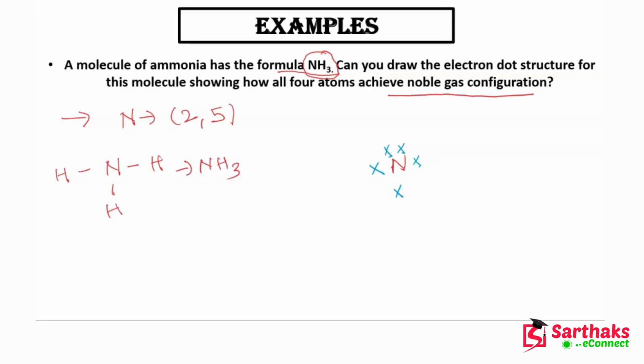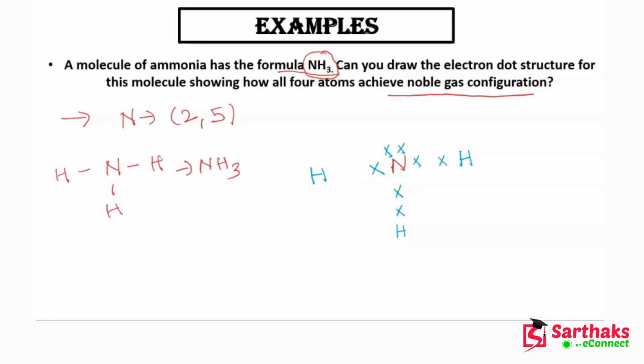You can see 1, 2, 3, 4, 5 electrons. Now this hydrogen atom will come from here, and it also has 1 electron, and it wants to attain the noble gas configuration, so it needs 1 more electron. Now this is another hydrogen atom, and it also has 1 electron, and to attain the noble gas configuration it also needs 1 more electron.